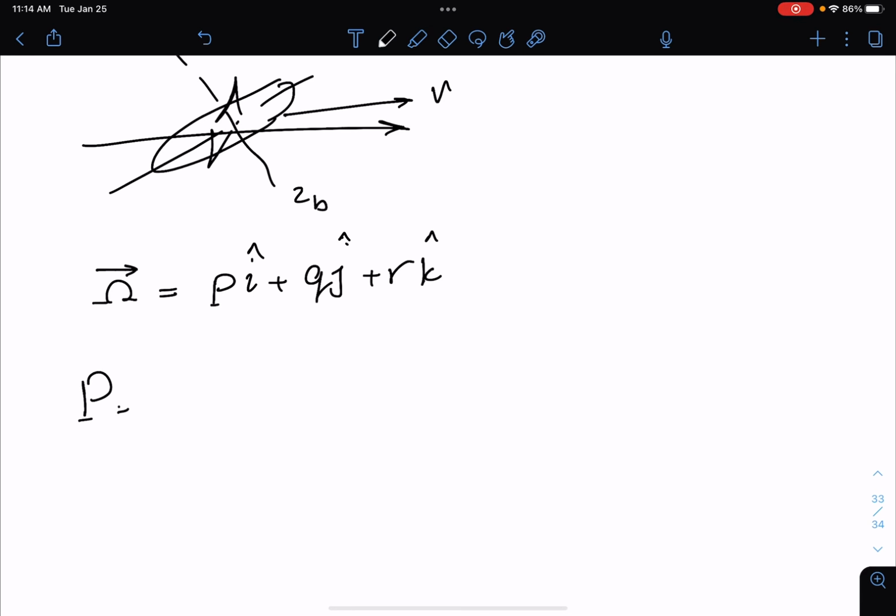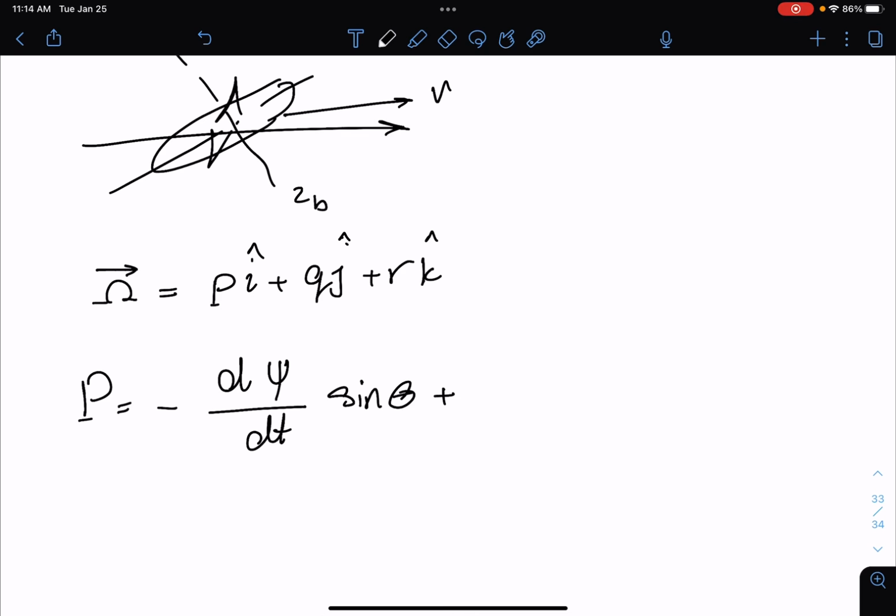Since we are talking about angular velocity, we are going to be interested in the changes in angles. P is going to be the changes of psi. What was psi? Angle of yaw, exactly.